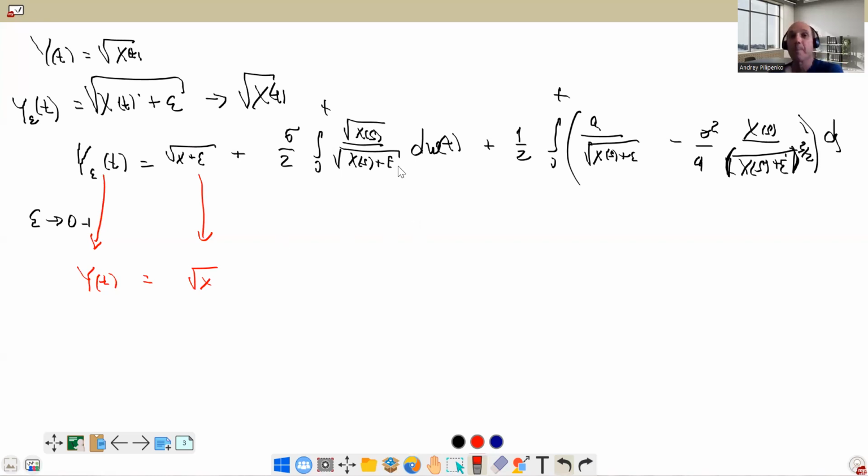Now, this process converges to 1 for almost all omega and almost all s with respect to the Lebesgue measure. So if x of s is not 0, then this converges to 1.